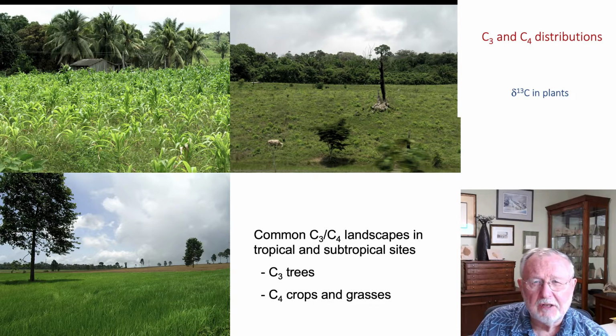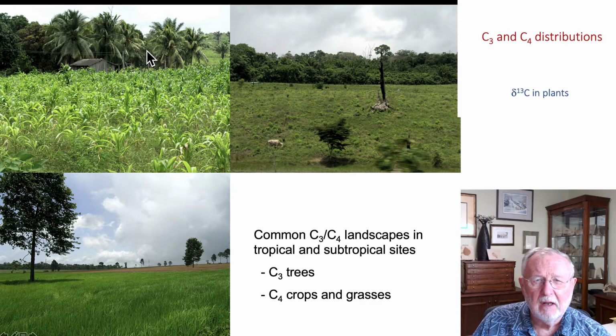C3, C4 changes are occurring at a very rapid pace now globally. Around the world, in tropical and subtropical regions, rainforests are being cleared as pastures, some not well maintained, and pastures that are very well maintained. Here we find C3 trees and C4 grasses.